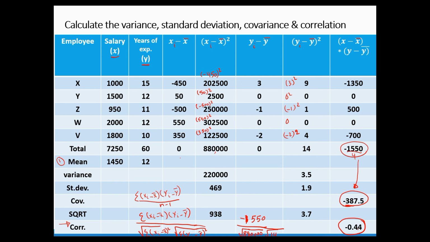So there is a negative weak correlation. It's a negative correlation, but it's weak. It's not strong; we say it's strong if it's above 0.5. So here we say there is a weak negative correlation. It doesn't imply that if the years of experience increase, the salary will increase too.